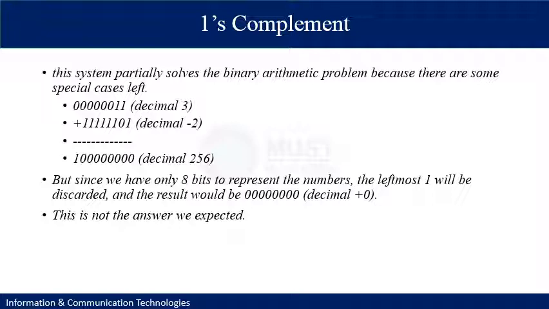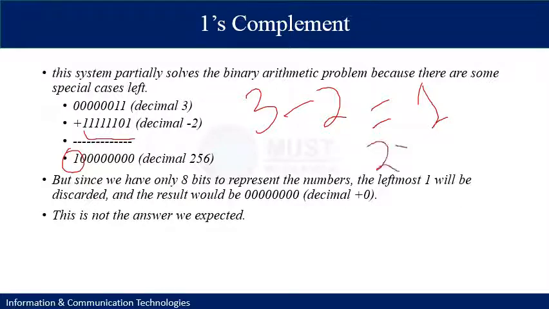So let's say we perform 3 minus 2 and our result should be equal to 1. But once we convert minus 2 into the binary format, it is represented in this form, and when we calculate, the resultant value is like this, which is equal to 256.